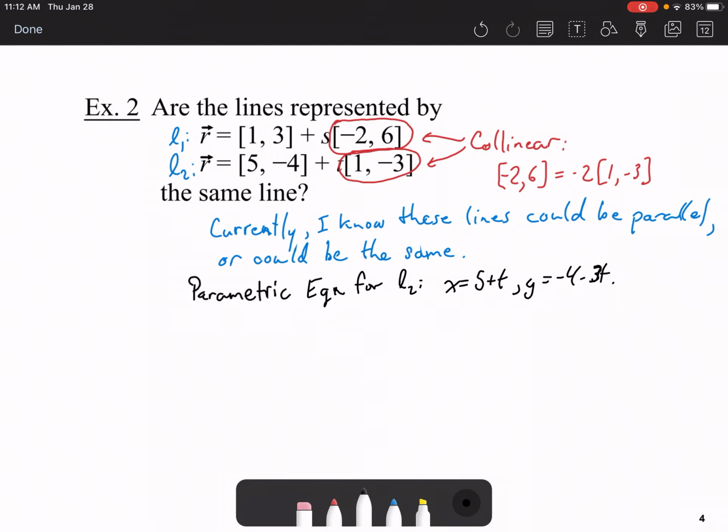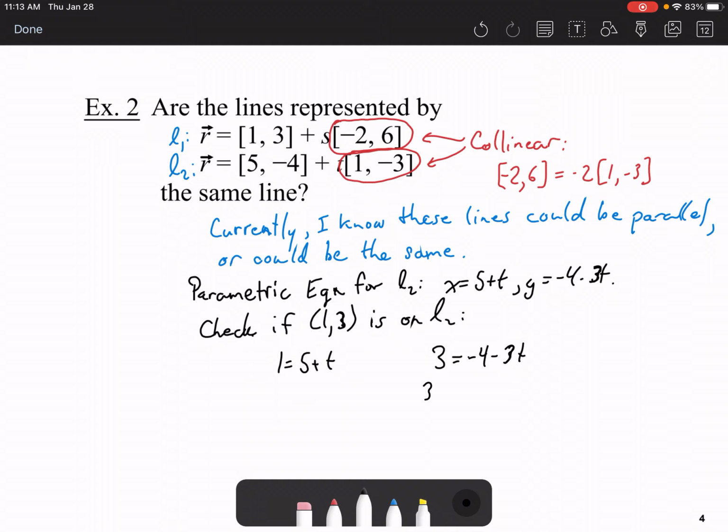Okay, so now what we need to do is check if (1, 3) is on line 2. So I want you to pause your video and check. Okay, so let's see.